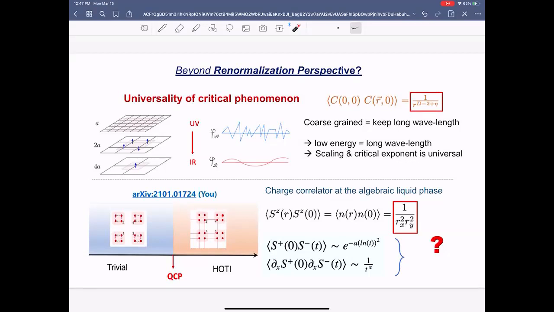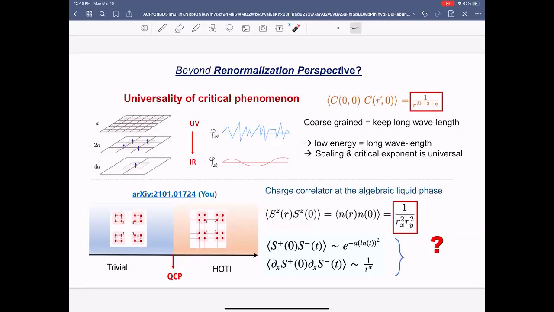However, in this quantum critical point, if we measure the SZ correlation function, it has a power law decay, but it is fully anisotropic and does not fit into any of the well-known universality classes. Because it's anisotropic, in some special direction it seems to be power law, but in some diagonal direction it seems to be more long-ranged.